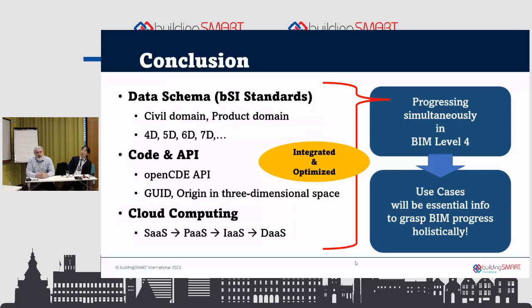So what we do is set the axis XYZ, and then the overlay to the system like this. But we don't have that kind of standard. So it's manually done. That kind of thing should be optimized under my proposed triangle: cloud, API and schema should work together. So that's the answer from me.